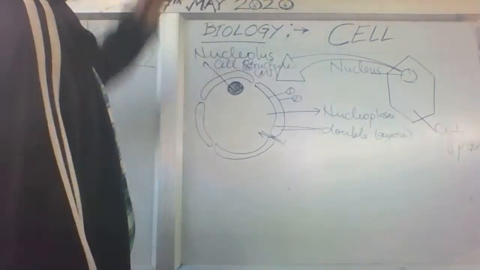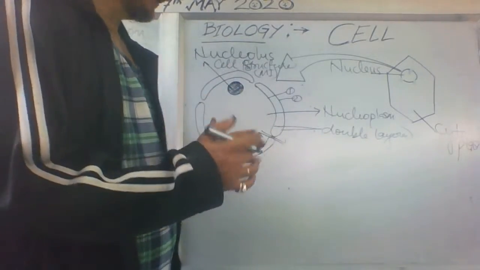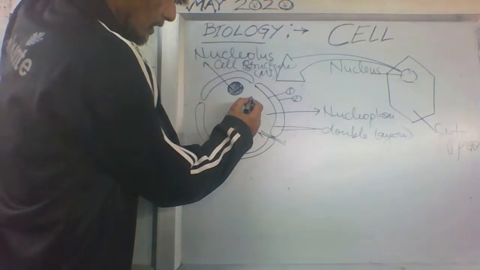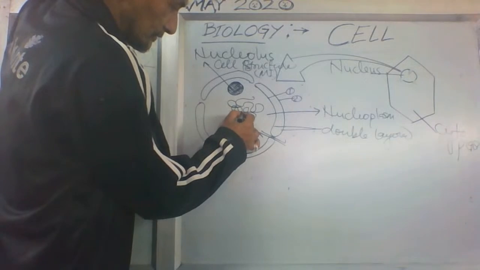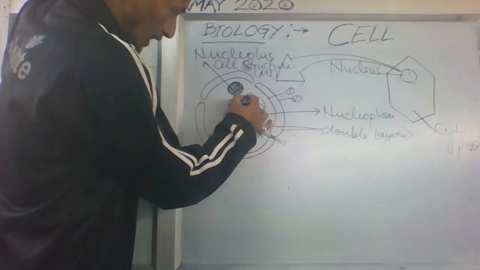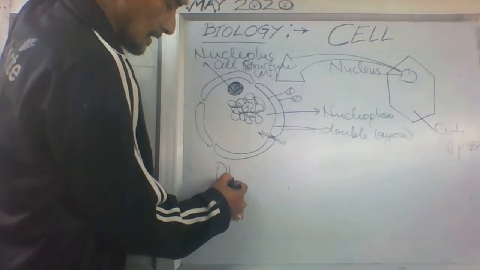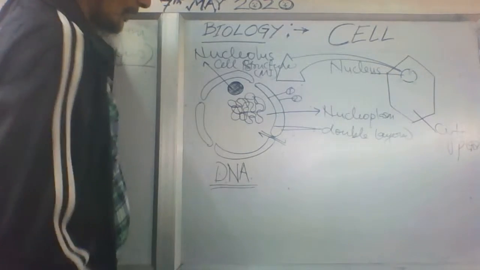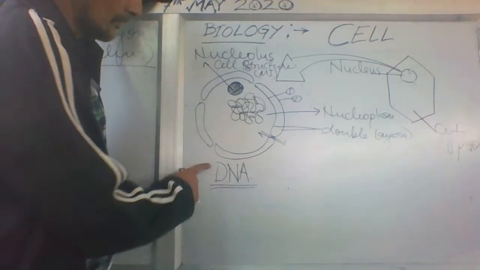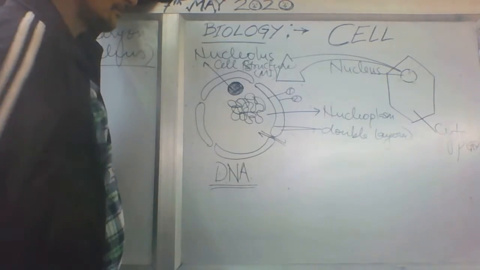Now, I told you, when the cell is not dividing, a structure like a net is formed. This is a DNA structure, deoxyribonucleic acid.